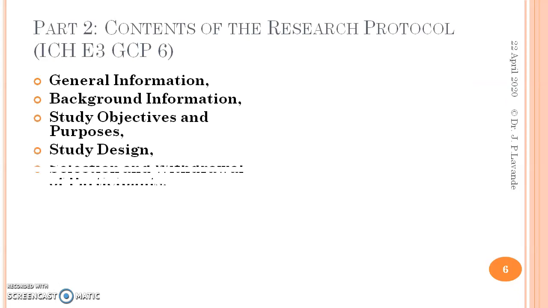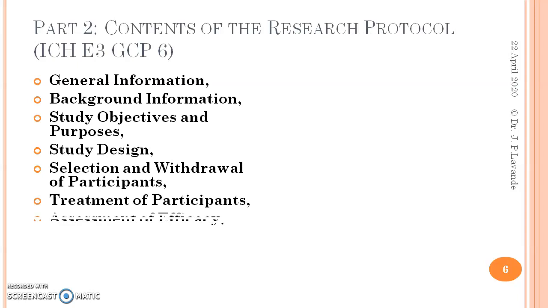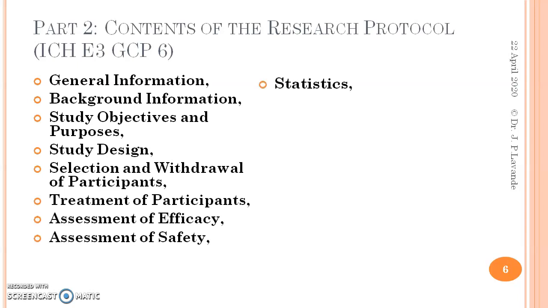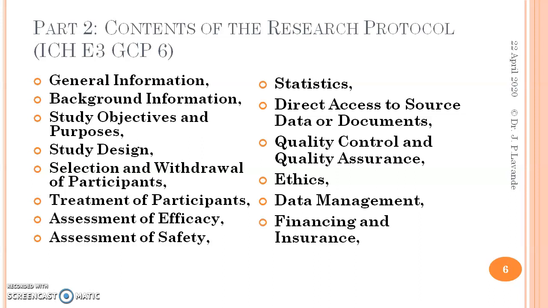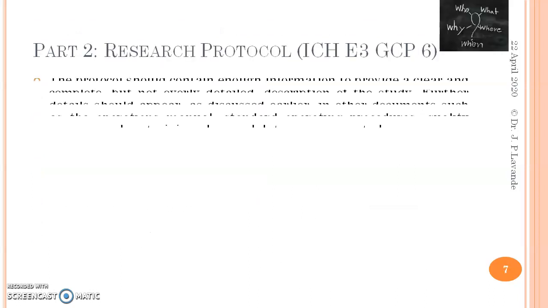The different contents associated with the clinical research protocol are as follows: general information, background information, study objectives, purpose, study design, selection and withdrawal of participants, treatment of participants, assessment of efficacy, assessment of safety, statistics, direct access to source data or documents, quality control and quality assurance, ethics, data management, financing and insurance, publication policy, and some supplementary information.